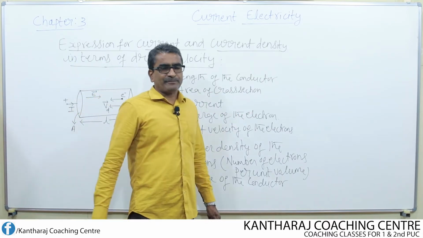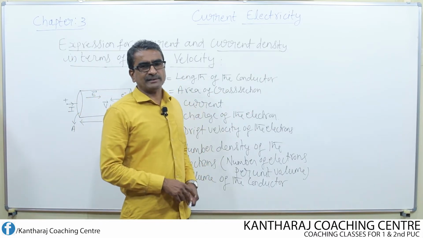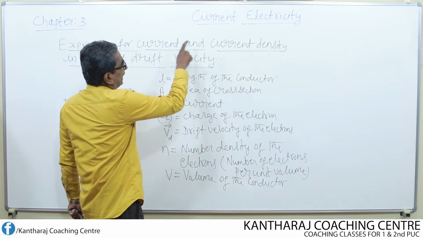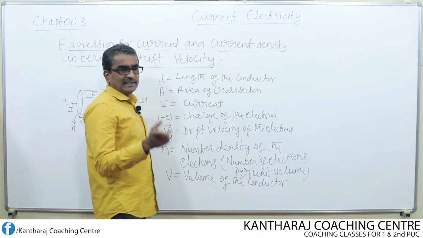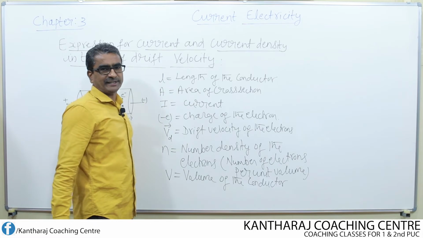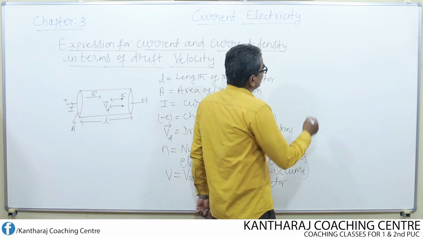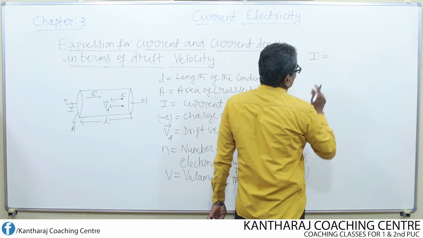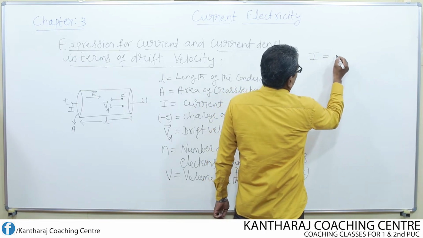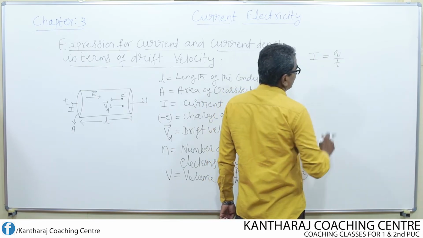Now let us derive an expression or equation for the current and current density in terms of drift velocity. We already know a few equations with respect to the current. That's I equal to Q by t.